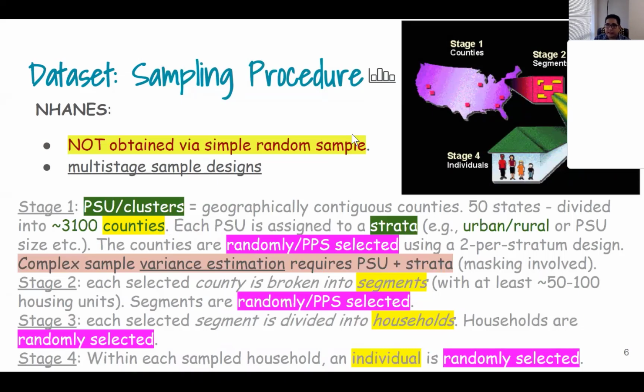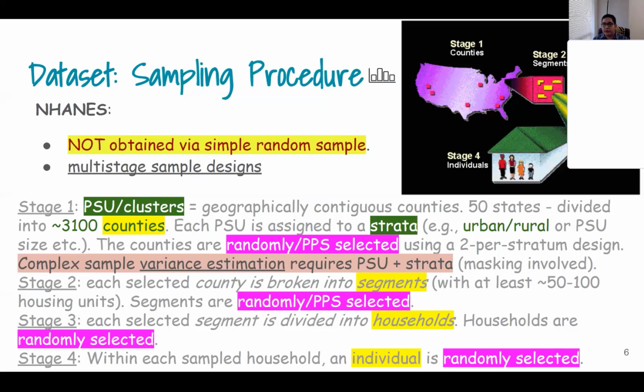In the second stage, you can see that each of the counties selected in stage one is broken into segments. That means groups of at least 50 to 100 housing units from each county are called a segment, and then they are randomly selected.